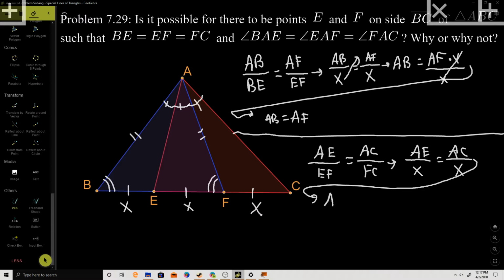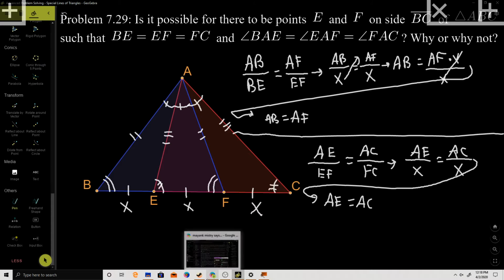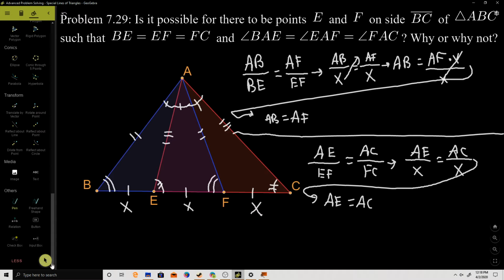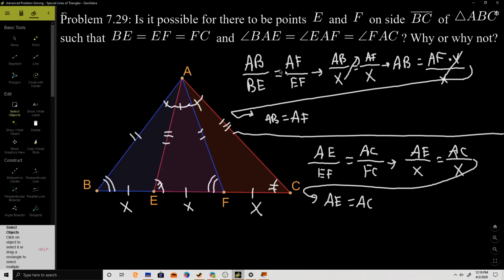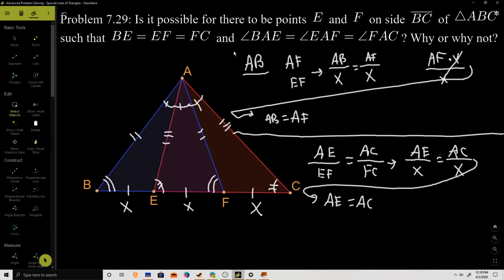We will get that AE is equal to AC. So AE and AC have the same lengths, which means that AEC is an isosceles triangle, which means that these two angles are the same, here and here. Well, that's pretty interesting. So now that we've proven all of that, let's clear off some of this work because we don't need it anymore.